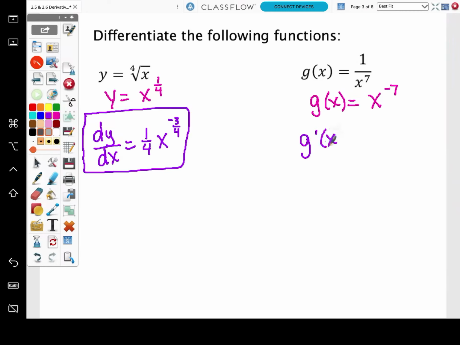Perfect. Now differentiate using the same rules as before. G prime, check out that notation. When it's just the function, no g prime, don't forget. And now I'm differentiating, so I have g prime. Power down front, negative 7, x, decrease the power by 1. What's negative 7 minus 1? Negative 8.